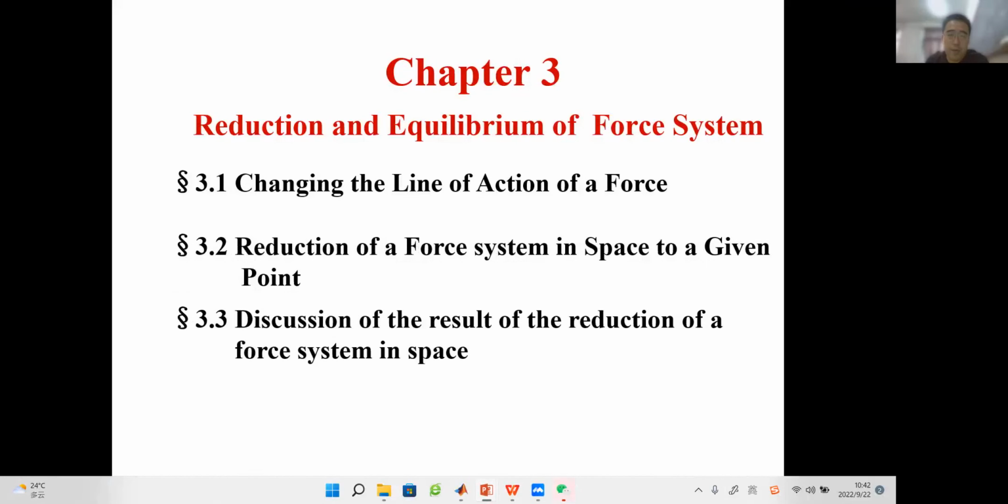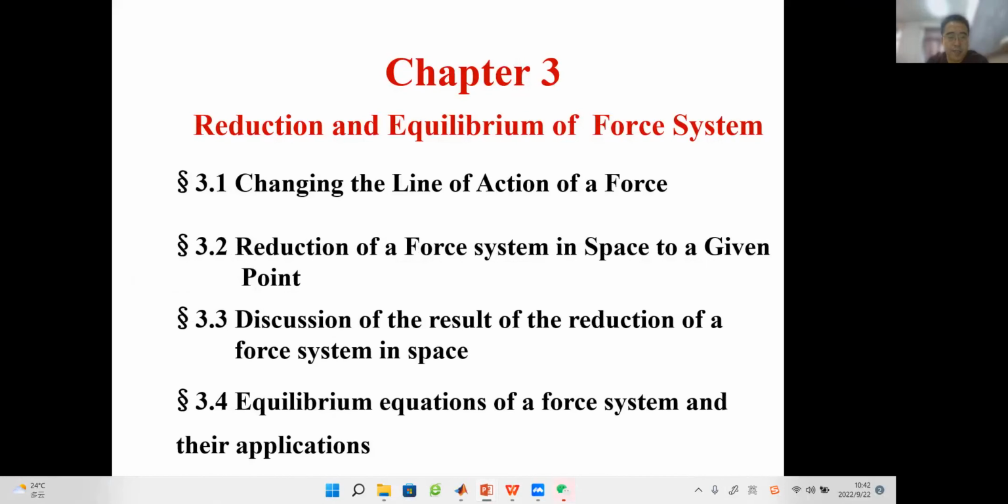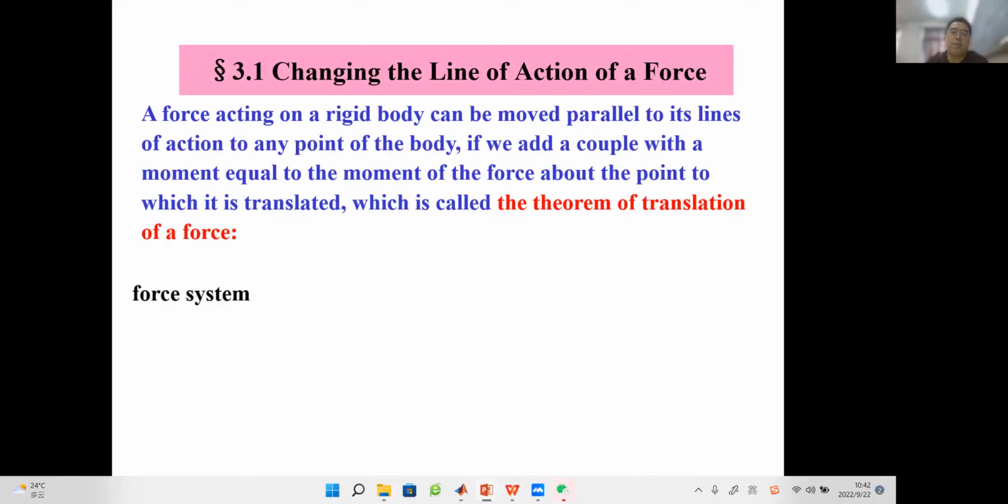We will continue to talk about chapter 3. I think we had a short start last time. This chapter has 4 sections. We'll continue to do that. The first section is about changing the line of action of a force.